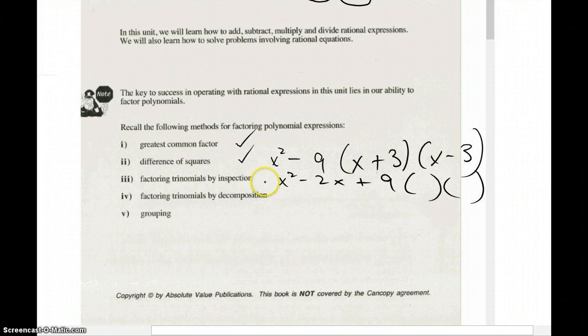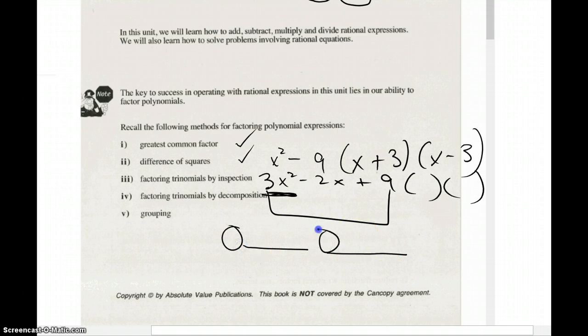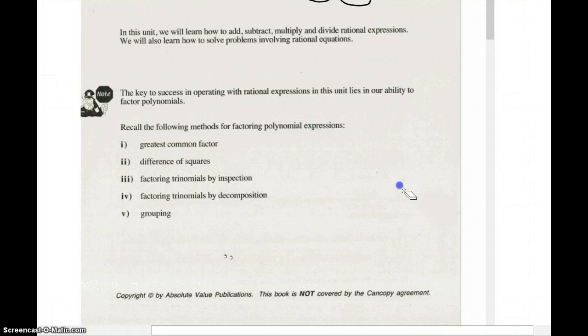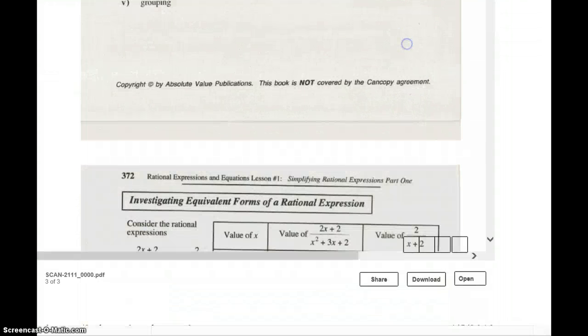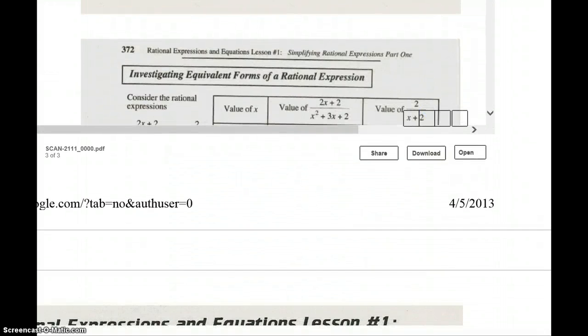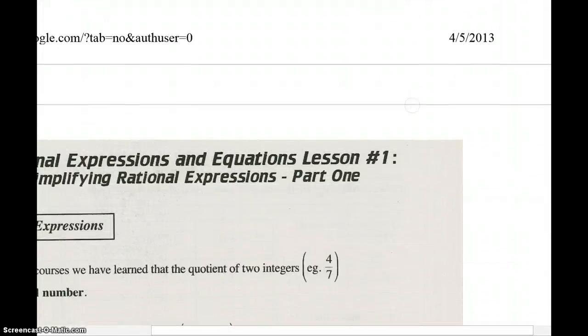By decomposition, that's if I have a big number out front of my x, and then I multiply my last numbers together. And then grouping, where I take my two terms at the front, two terms at the back, and try to find something common to both. I'm going really fast because you have just finished this unit, so we don't need to worry about that at all.